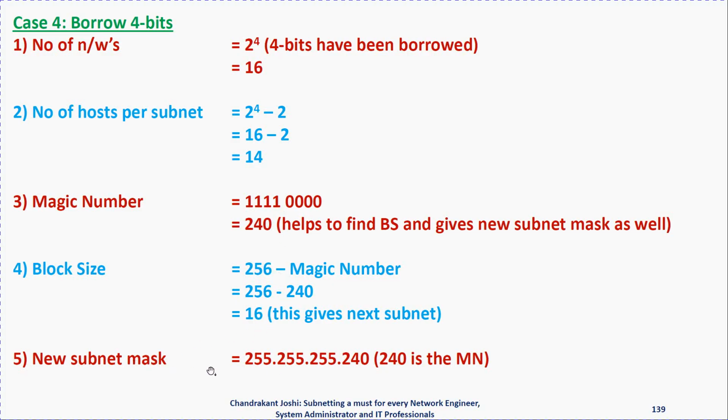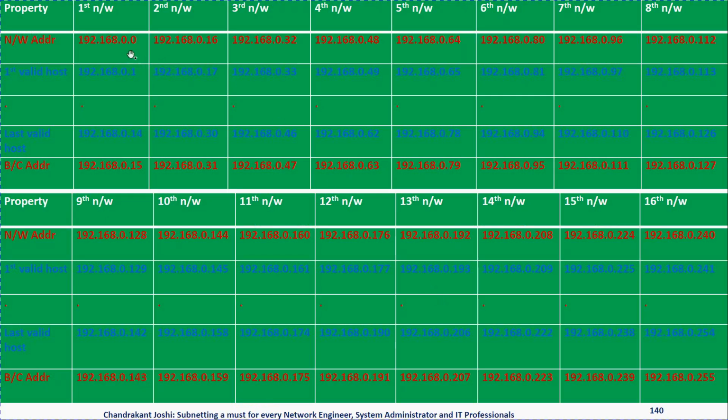So before I check with this, 16. So what is my first network? 192.168.0.0. So what would be the second network? Add 16 to the last octet: 192.168.0.16. Now this is the block size. Keep on adding 16. So 192.168.0.0, 0.16, 16 plus 16 is 32, 32 plus 16 is 48, 64, 80.